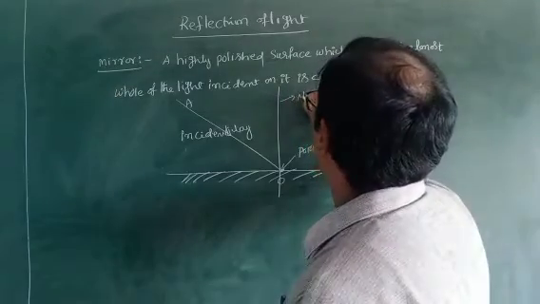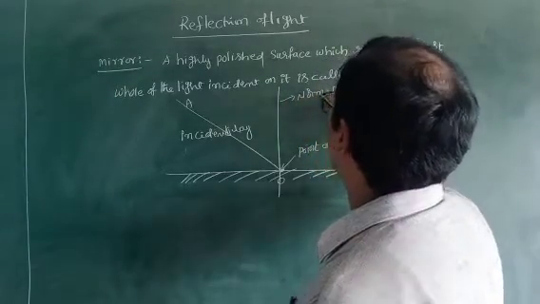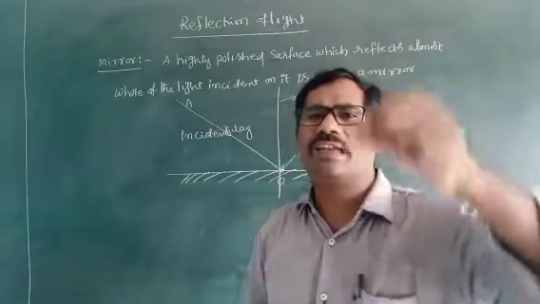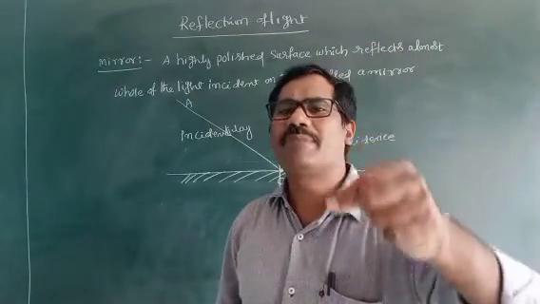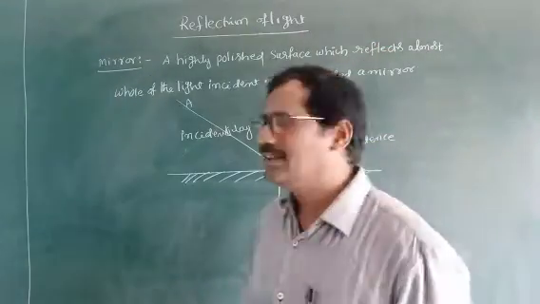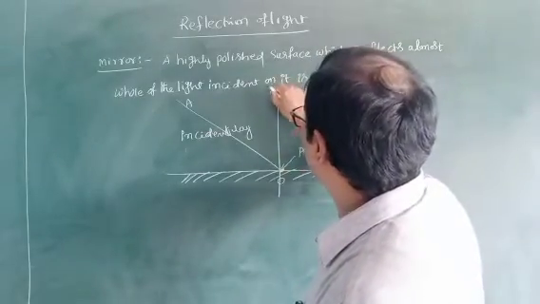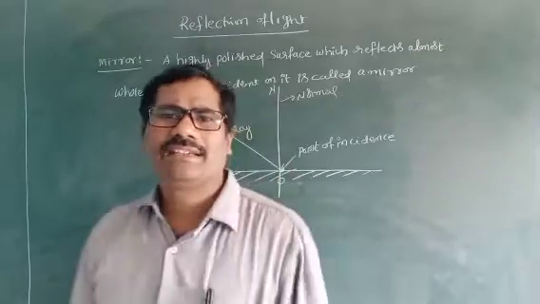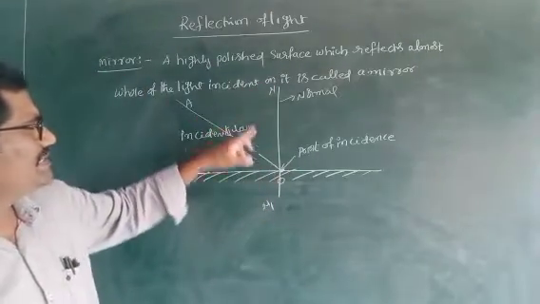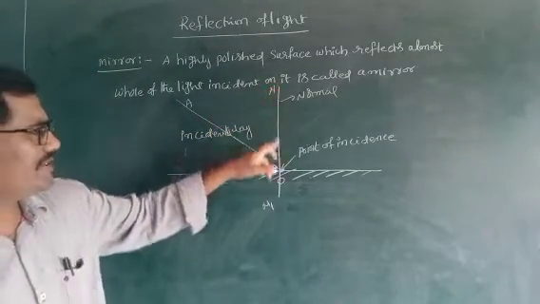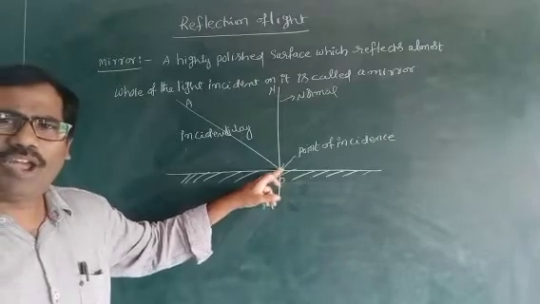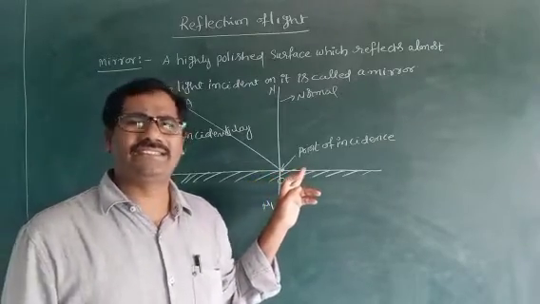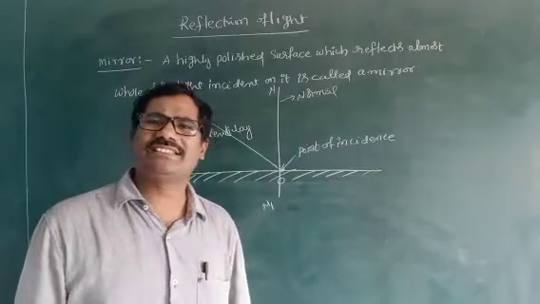It is the line drawn exactly perpendicular, at 90 degrees. It is indicated by N and N dash. Normal means the perpendicular line drawn at the point of incidence.